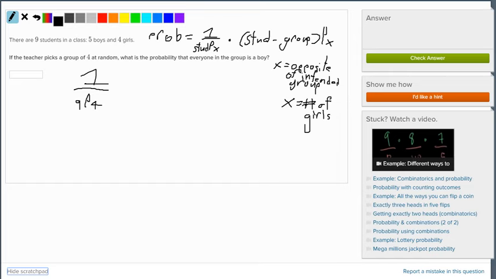There's a separate equation for dealing with permutations. I'm going to assume for the moment that you already know how to do that equation, so I'm going to simplify it and just write it out as 9 times 8 times 7 times 6.